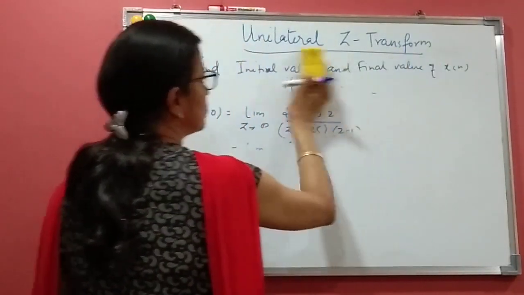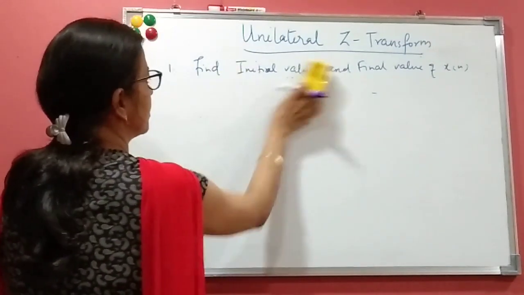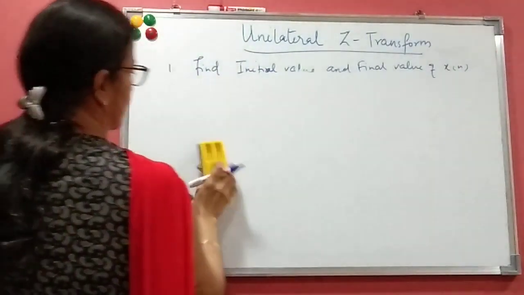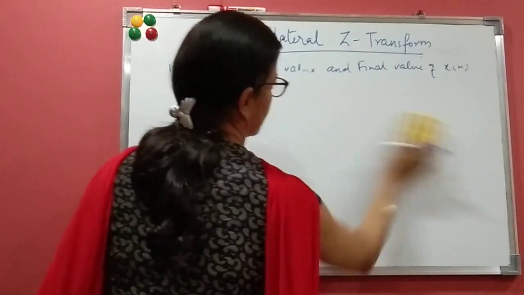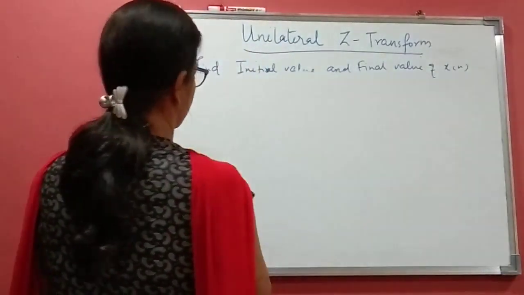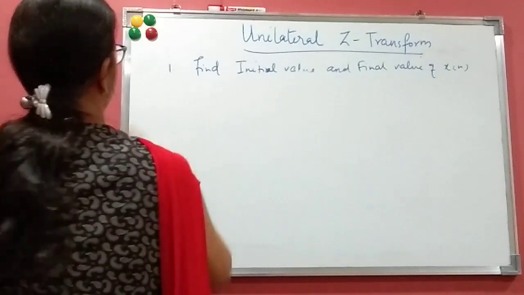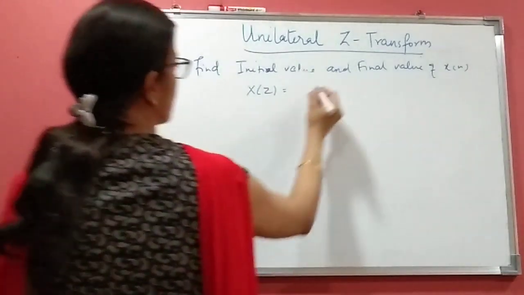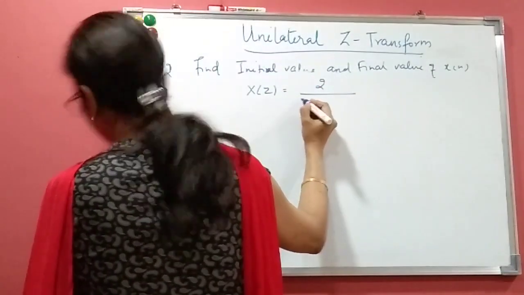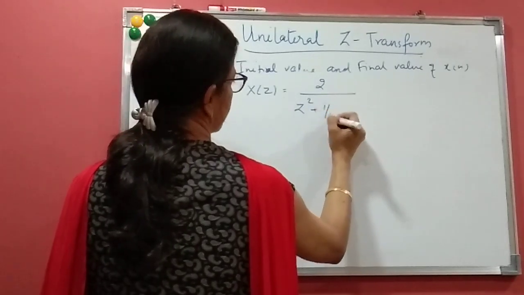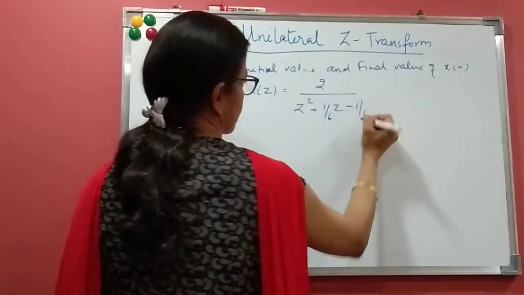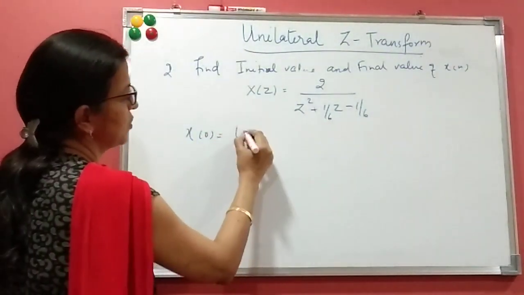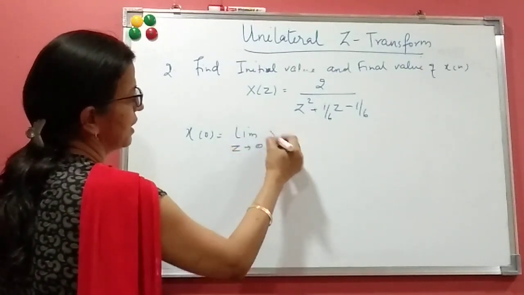Find the initial value and final value of x of n if x of z equals 2 upon (z square plus 1 by 6 z minus 1 by 6), the second example. So x of 0 equals limit z tends to infinity of x of z.